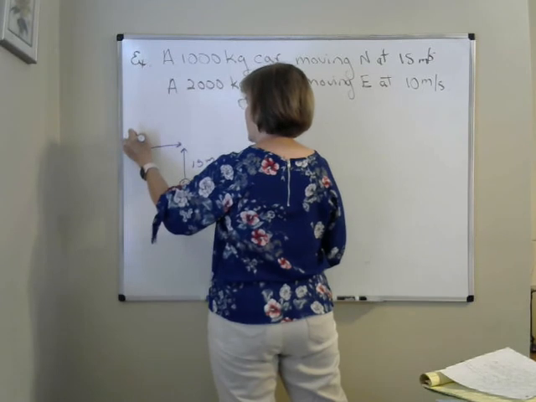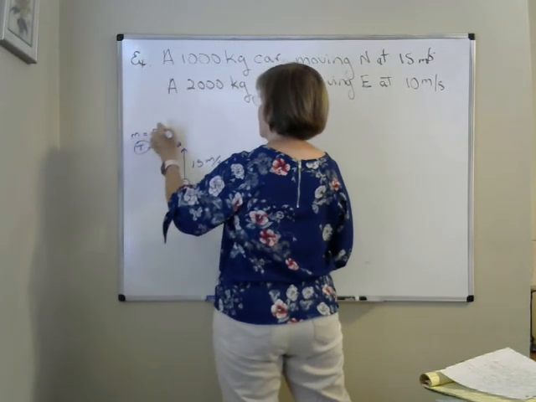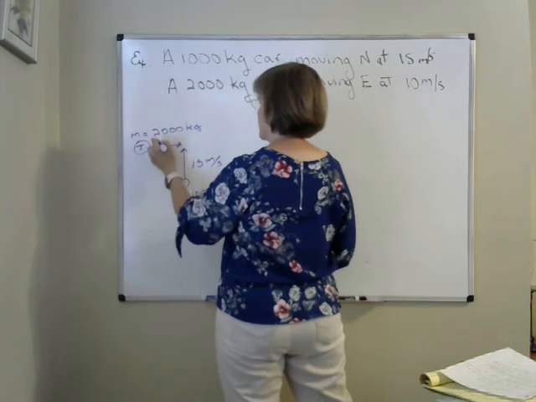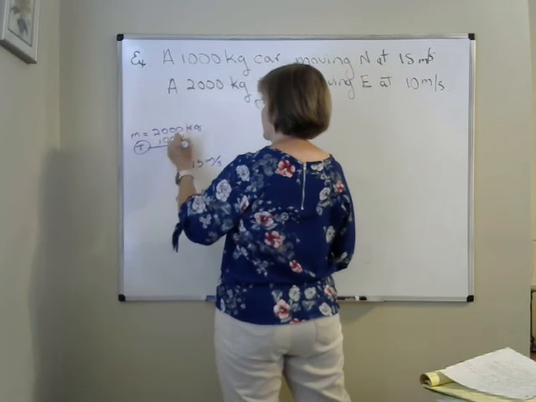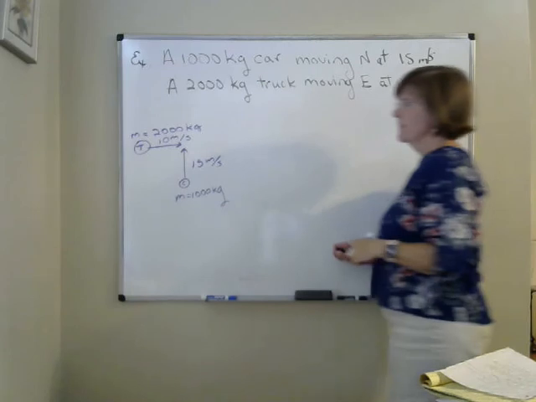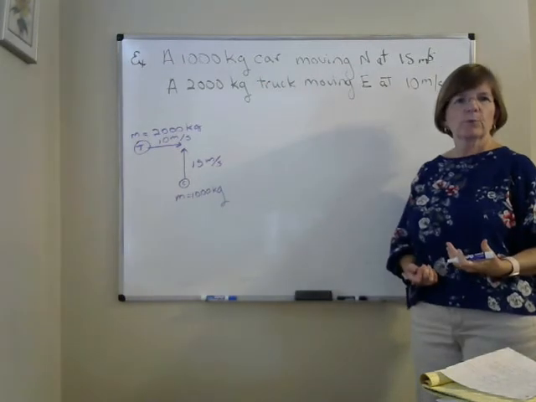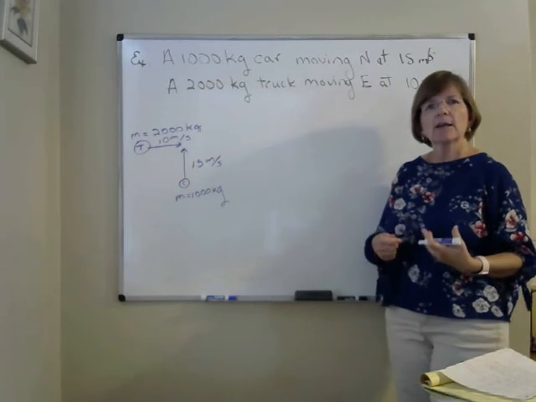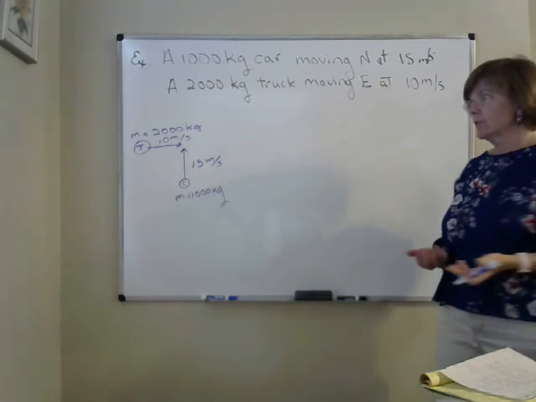It has a mass of 2,000 kilograms, and of course, it has a speed of 10 meters per second. We have two vectors that don't point in the same direction, but it's pretty easy because they are perpendicular to one another.